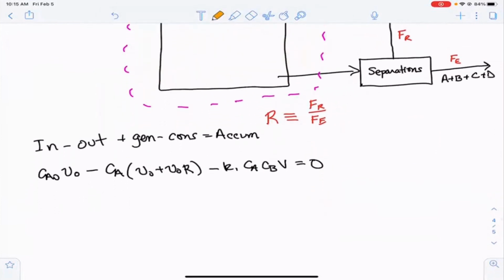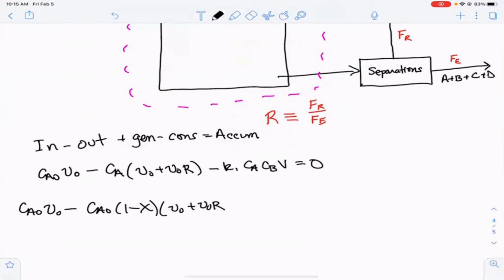Well, the first thing you can see is that we should insert our expressions for the concentration of A and the concentration of B. So this becomes CA0 times V0 minus CA0 times 1 minus X times V0 plus V0 times the recycle ratio minus K1 CA0 times 1 minus X times CB0 minus CA0 times X, right?